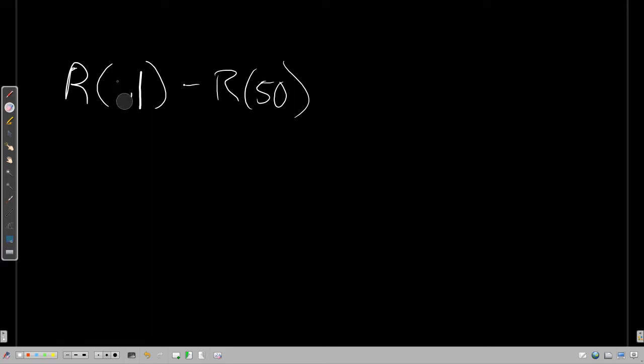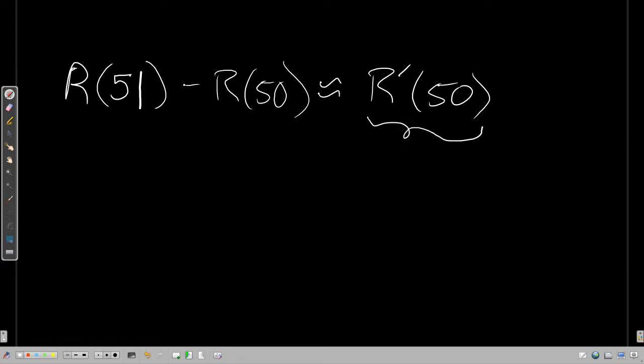This computation, 95 right here, is the exact revenue of the 51st item. But it is also approximately the marginal revenue of the 50th item. Because that's exactly what our interpretation of this right here should be, that it is the estimate of how much the revenue would be for the next one.